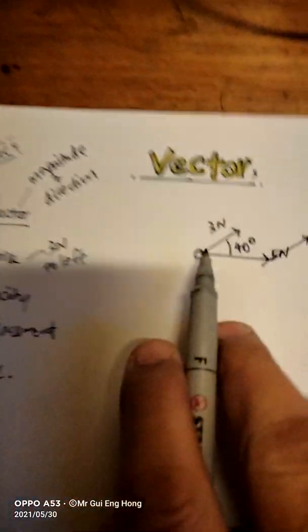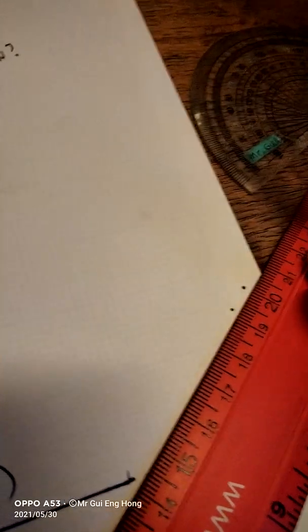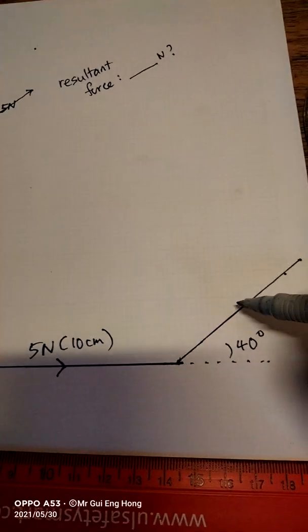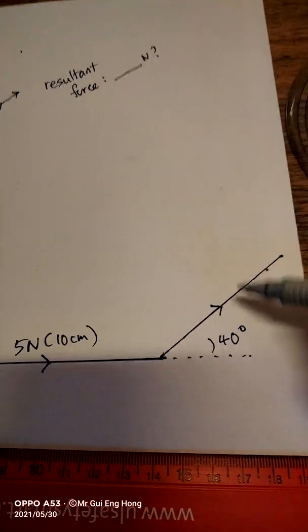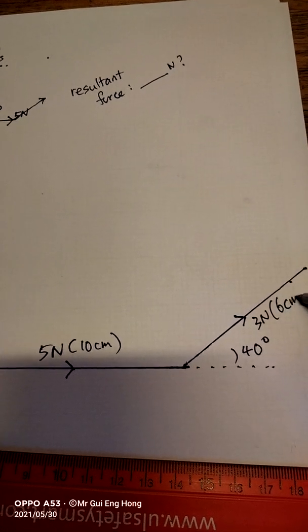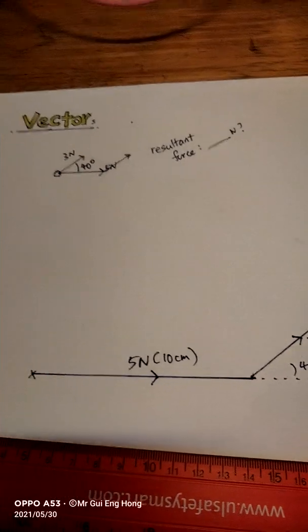It must be the same as the question. So I'm going to draw now. Exactly at 40 degrees, and with a distance of 6 centimeter because I'm using a scale of 2 centimeter to 1 Newton.